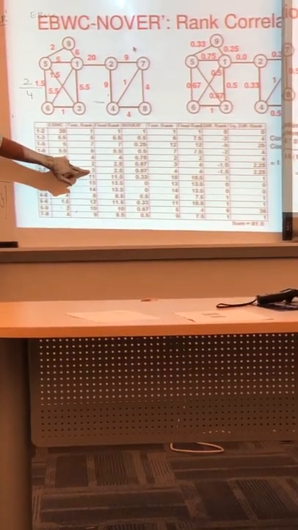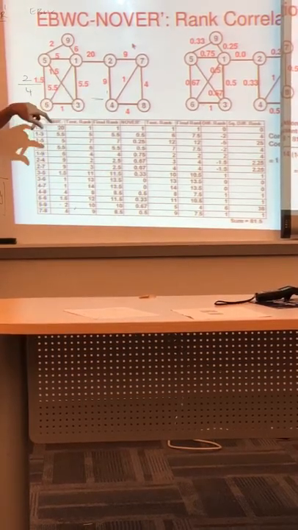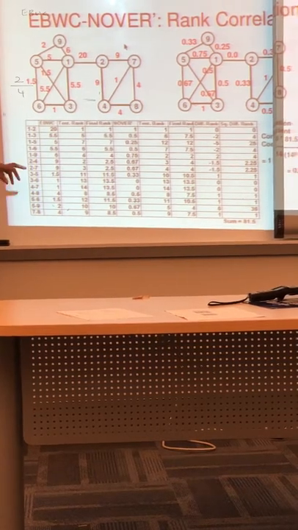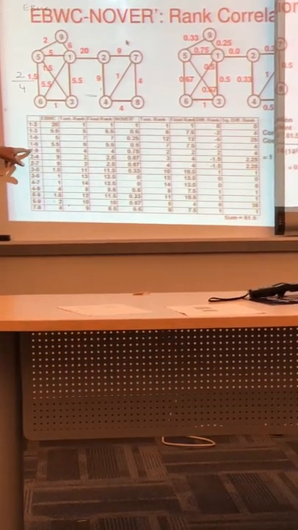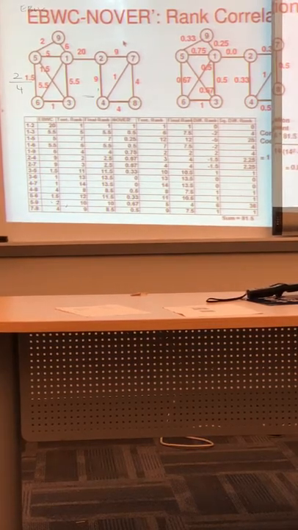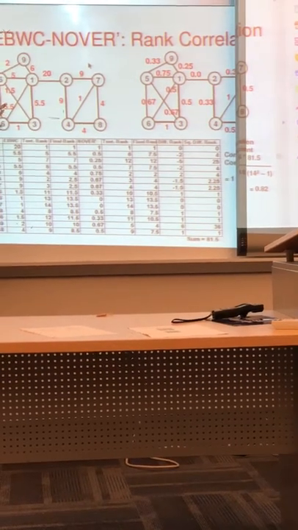Is that clear? Then what's the next largest value after 9? You have 6. How many 6s are there? Only one 6. So 1, 9 gets rank 4. Then what's the next largest value? 5.5.